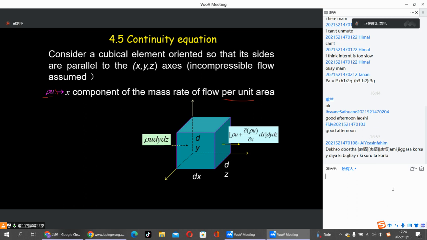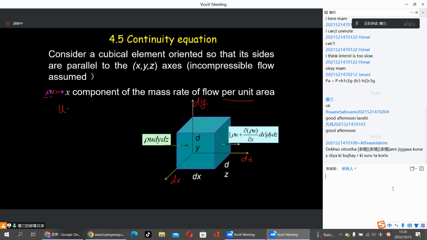It's per unit area. Here, this is dz, this is dx, this is dy. And u is perpendicular to the left side, so the x velocity will contribute to the flux, but the y velocity and z velocity have no contribution, right?